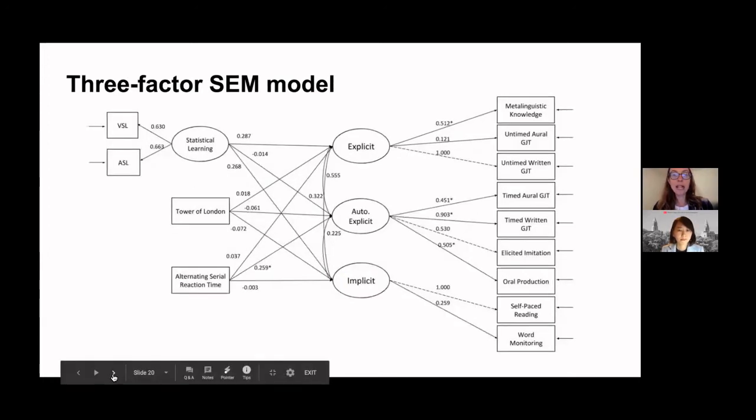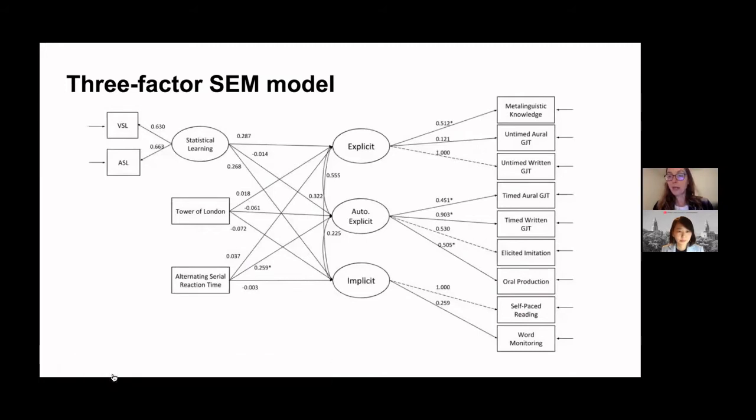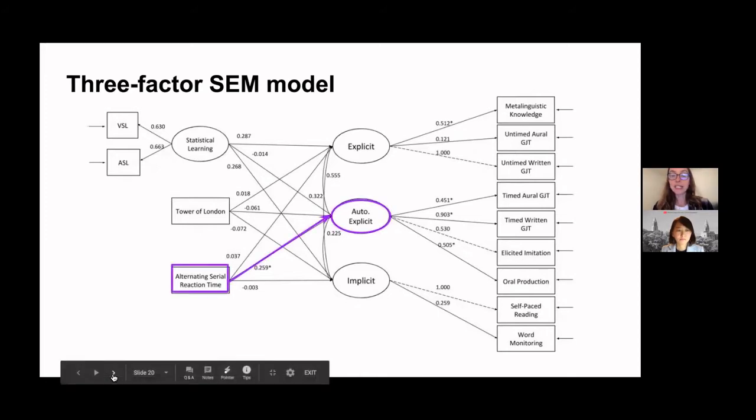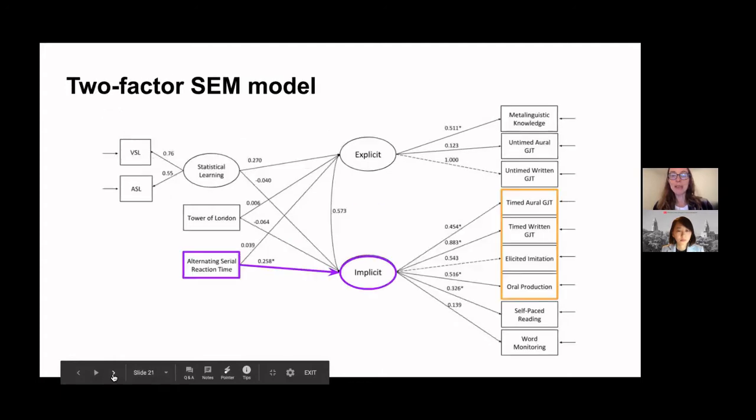Now, if we take a look at the three-factor SEM model, we observe a very similar result. This time, the alternating serial reaction time task is predicting automatized explicit knowledge. Why do I say that the results of these two analyses are similar?